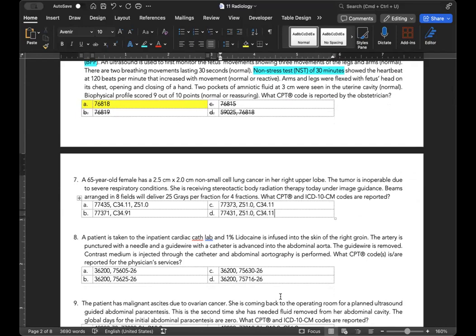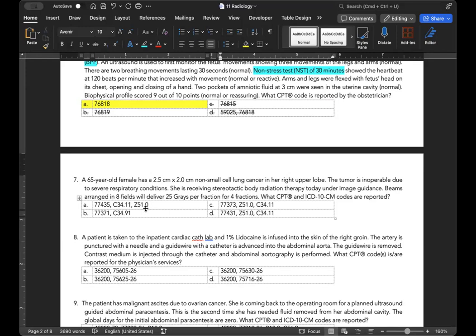So I would look at our ICD-10. So we see that we have C34.11, right, and then we have Z51.0.